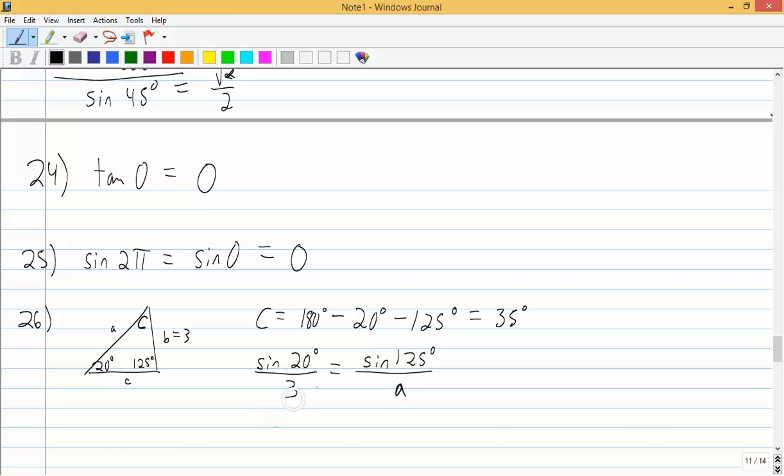Now solve for A. Cross multiply. So that's going to be A times the sine of 20 degrees equals 3 times the sine of 125 degrees. Divide both sides by the sine of 20 degrees.